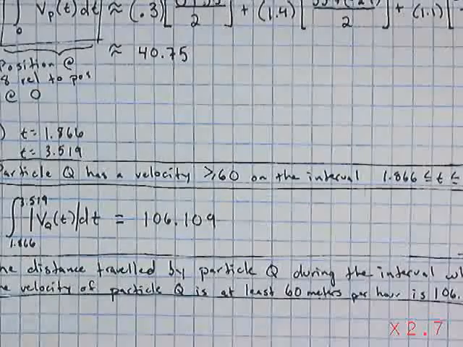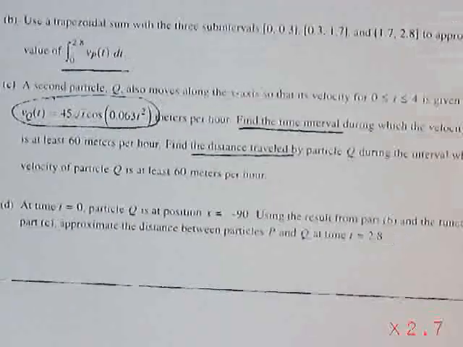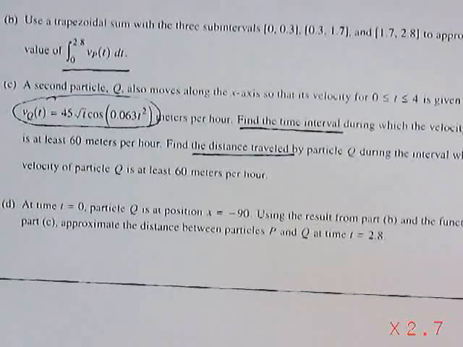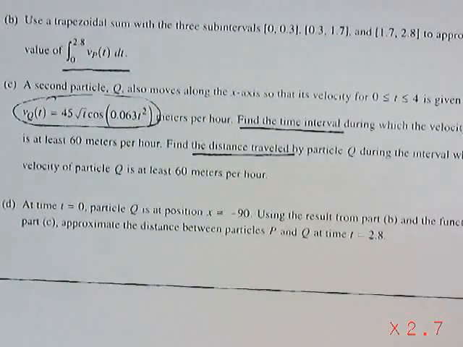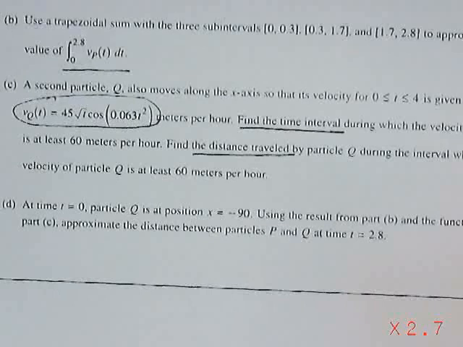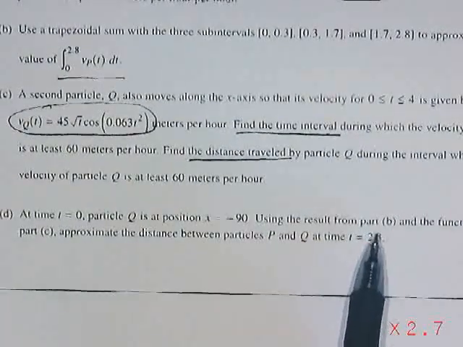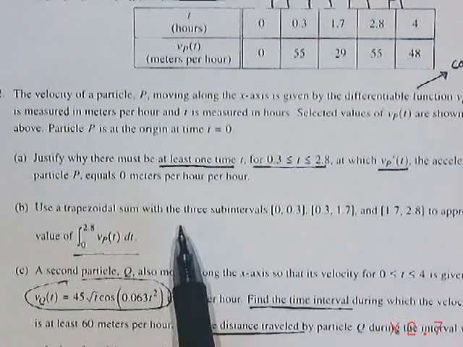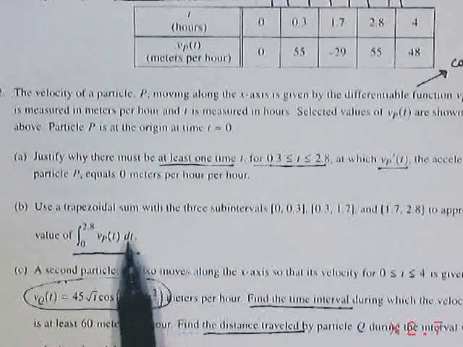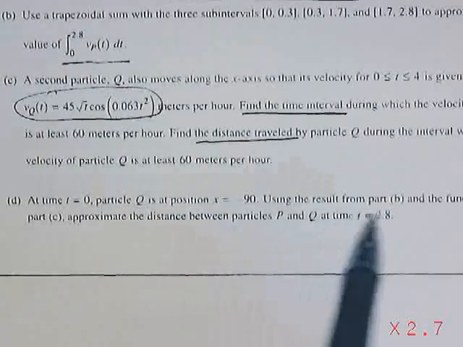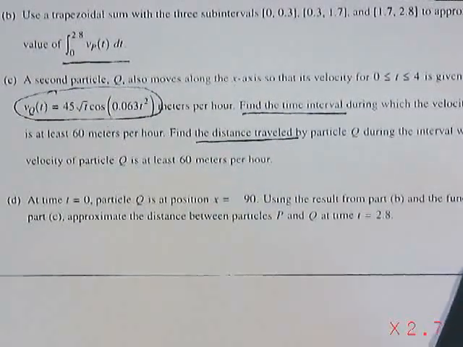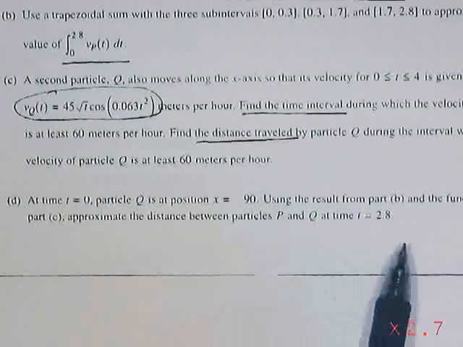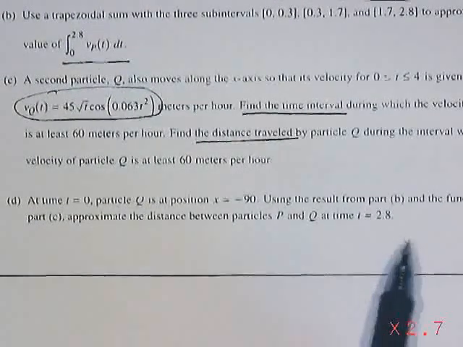So the final part of this question is part D, and it asks us, at time t equals 0, particle Q is at position x equals negative 90. Using the result from part B, our approximation using a trapezoidal sum, and the function v sub q from part C, approximate the distance between particles P and Q at time t equals 2.8.